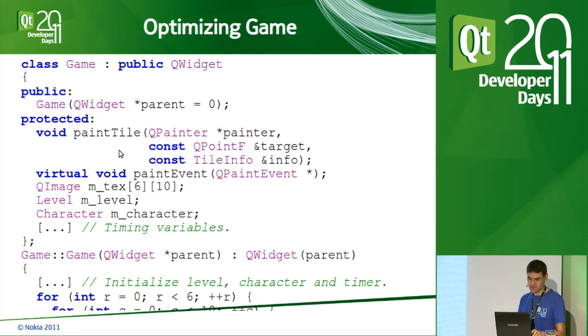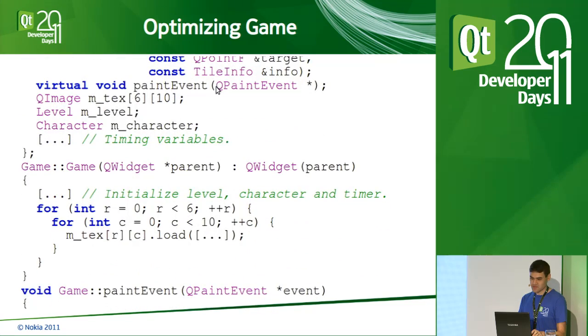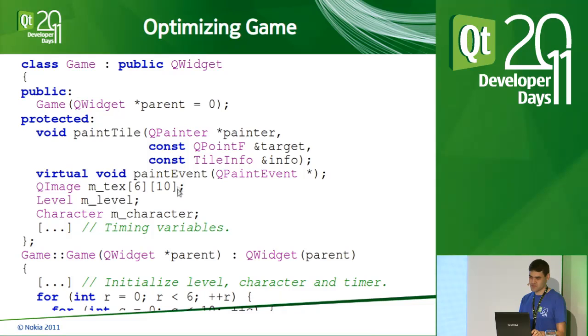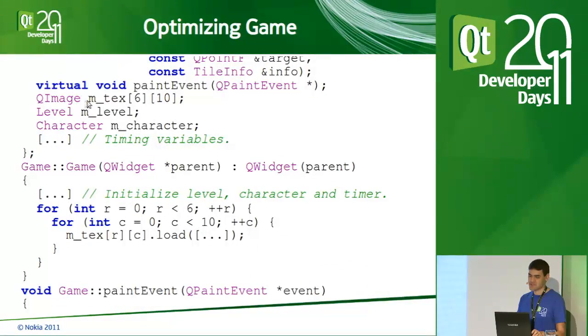So first you have the game class, which inherits QWidget. Then you have a paint event, which is calling paint tile for every tile it is going to render. And it stores the tiles in images, 60 of them here.